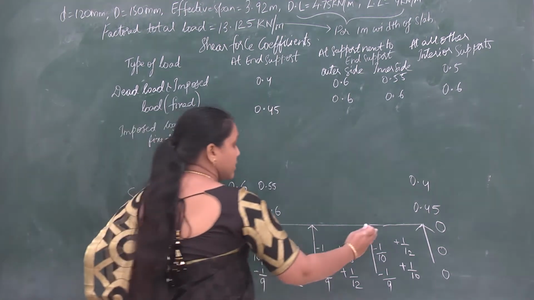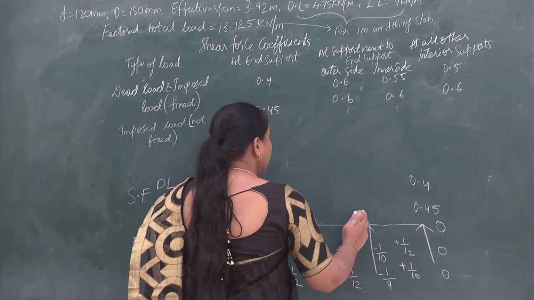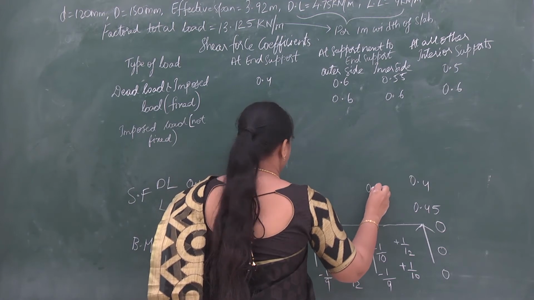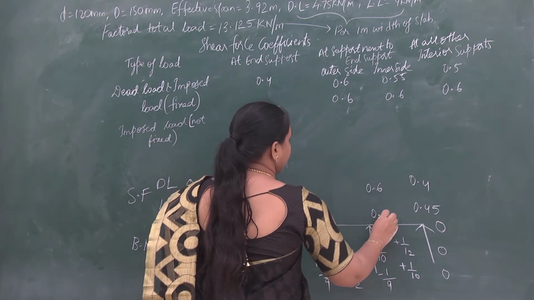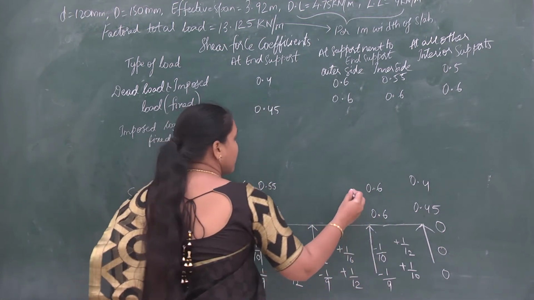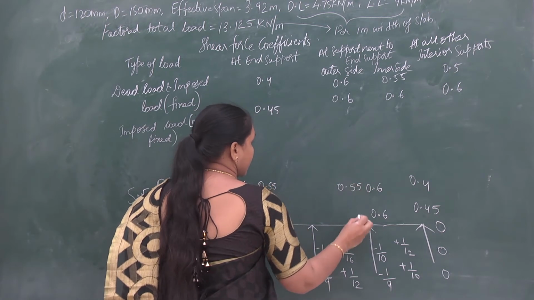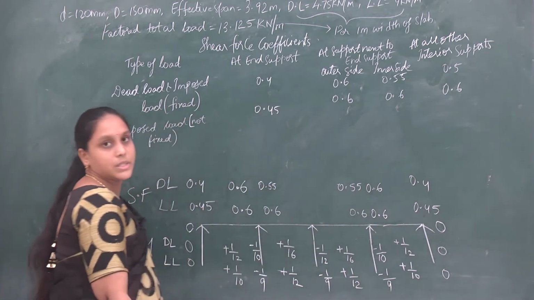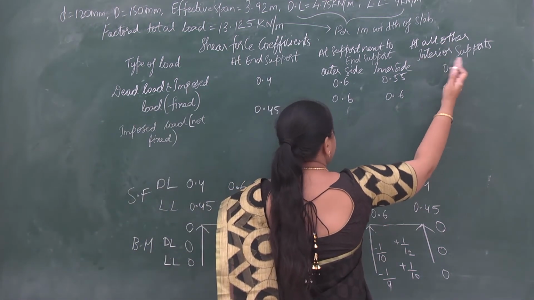And in the similar way this will be also the same. So at the outer side, and that is this side, it will be 0.6 and 0.6 and at the inner side it will be 0.55 and 0.6.